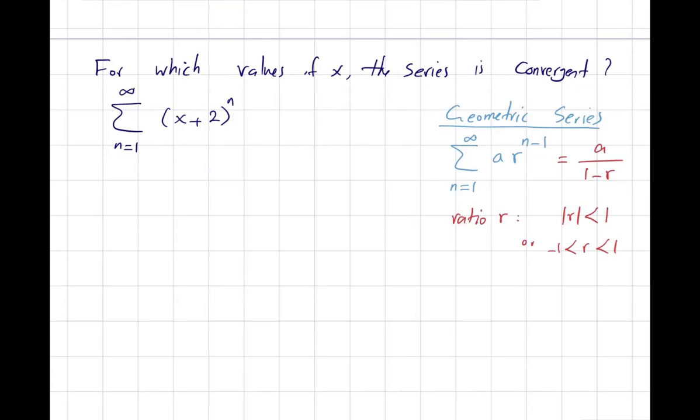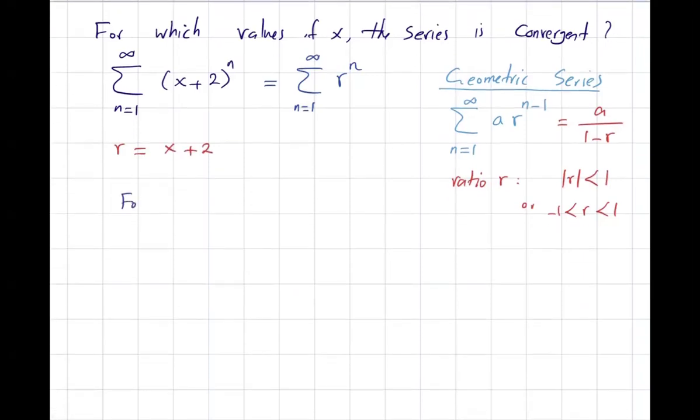This is basically the summation of r to the power n, and starts from 1, goes to infinity, but here you have a variable like x. So the ratio is x plus 2.